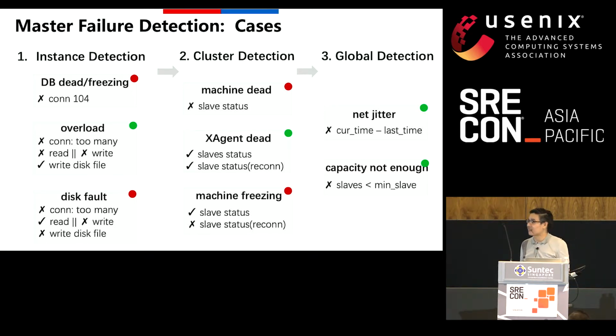Therefore, there is another case, machine freezing, in which the slaves still keep the replication connection. So we can let the slave reconnect to the master with the replication user. Again, if it fails, it means the master's machine is freezing. In the global detection, we check the last recovery time to judge whether it is a repeated failure. If it is within the switchover interval, it may be because of net jitter or repeated death. This will be reported to the DBA, waiting for the next command.